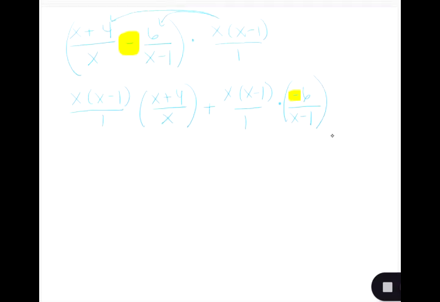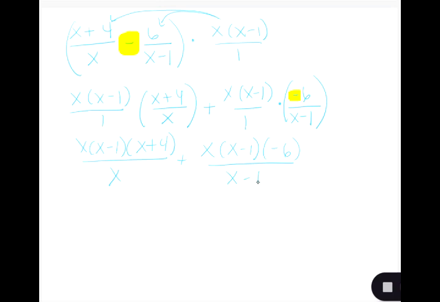So this is just my numerator again. So now I'm going to multiply this, and I'm actually just going to write it all out. I'm going to write x times x minus 1 times x plus 4 all over x plus x times x minus 1 times a negative 6 all over x minus 1. Okay?